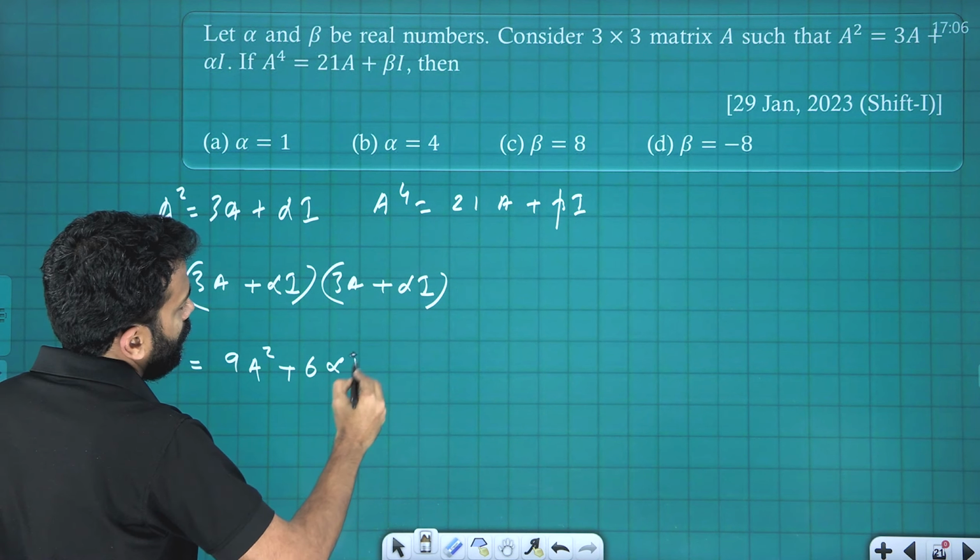Therefore, we substitute the alternative value for A square here. That is 9 into 3A plus alpha I plus 6 alpha A plus alpha square I. So A raised to 4 is equal to 27A plus 9 alpha I plus 6 alpha A plus alpha square I.